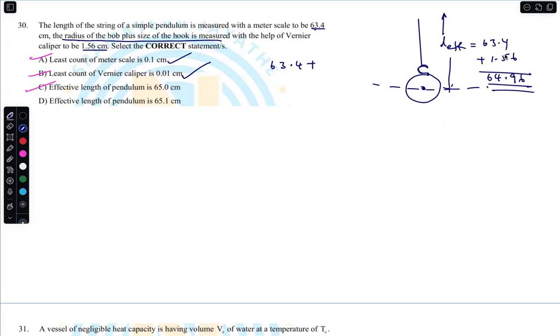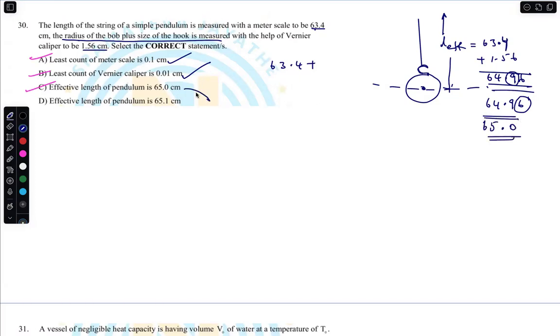In the process of addition, decimal followed by only one place, your answer must contain one place. So you need to round off. 64.96 rounds off, raise the number by 1, 65.0.